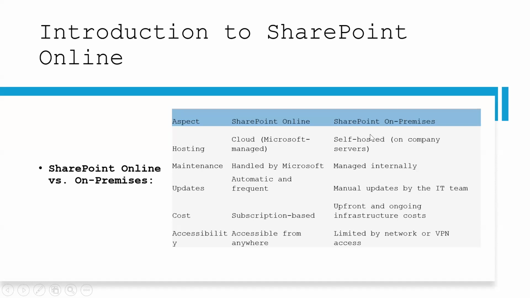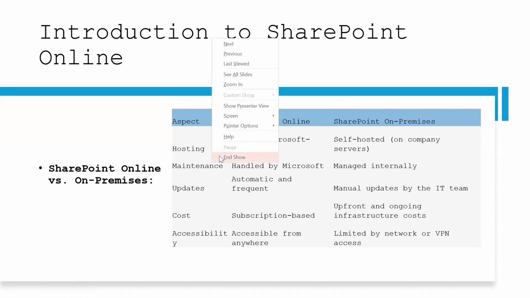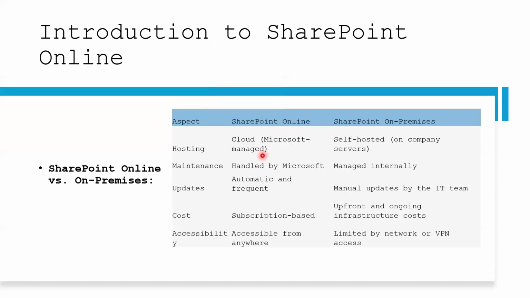But on-prem is self-hosted on company servers, and the administrator has full access to the server and central administration. The maintenance is handled by Microsoft in online, whereas on-premise it is managed internally, and there should be a separate team for administration activities.